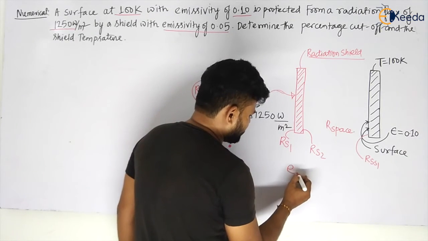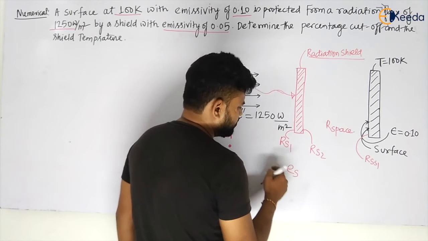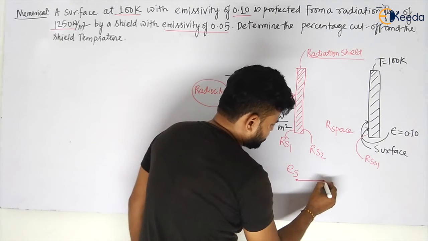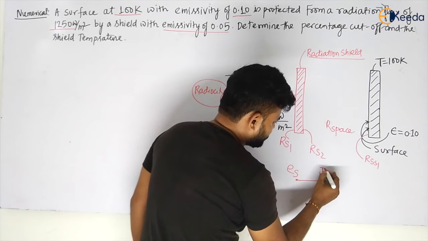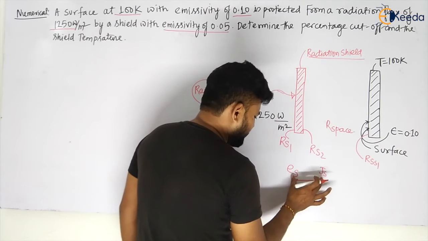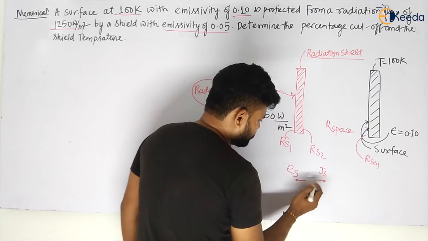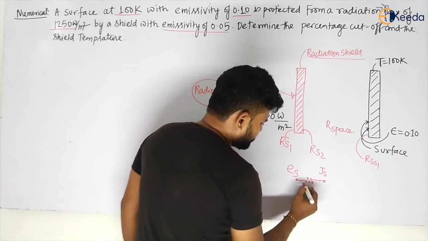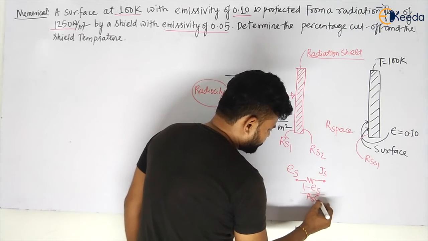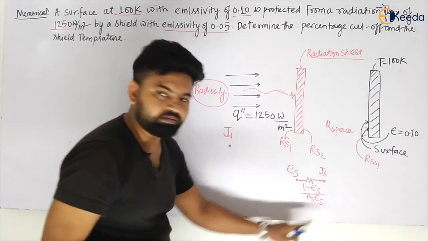If this is E shield, then from here there will be some JS from this side, and this shield will have some radiation in between these two, and this will be nothing but 1 minus E shield divided by A shield into E shield, emissivity of the shield. Yes or no?